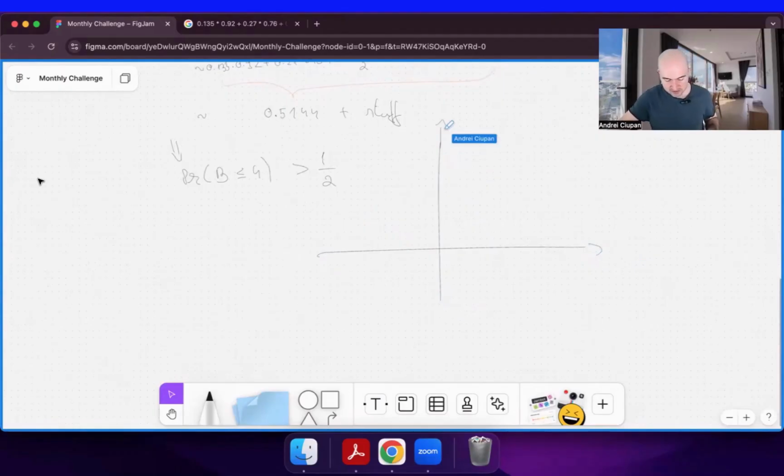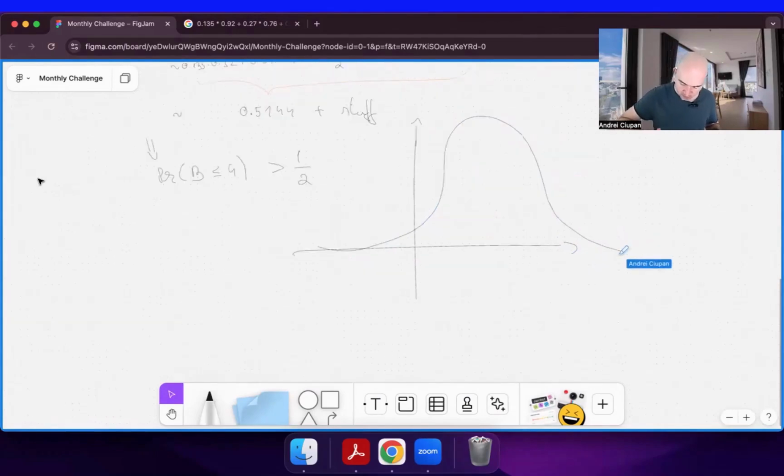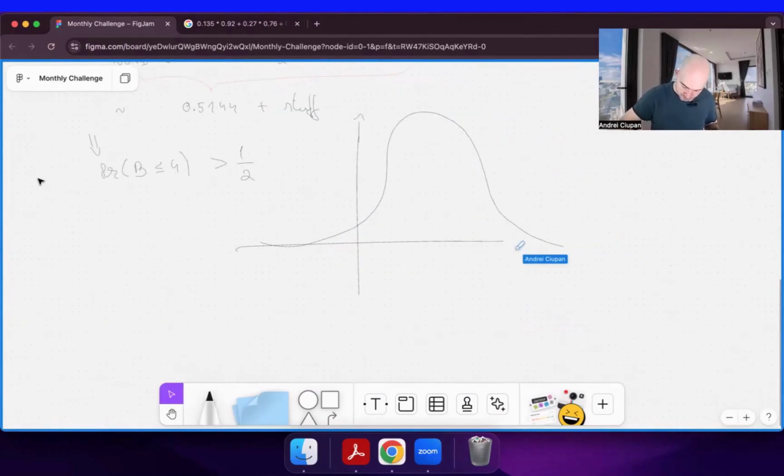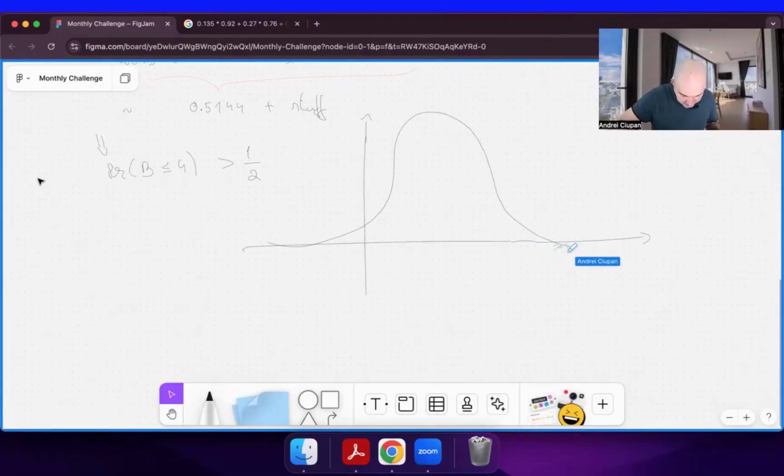Well, here's what this means. If we plot the probability distribution function of B, let's assume it's something like this. We don't need to know the exact shape. Of course, it's bigger than 0, but I'm just doing it by hand. So what does it mean?